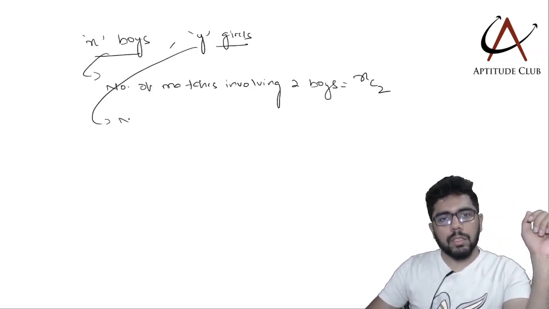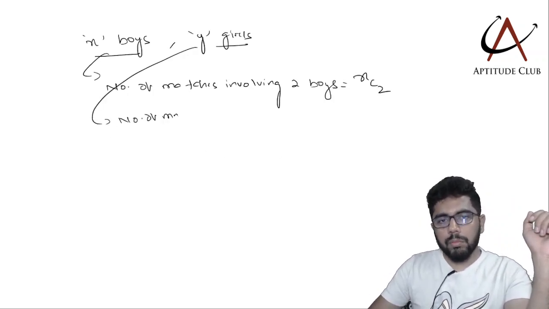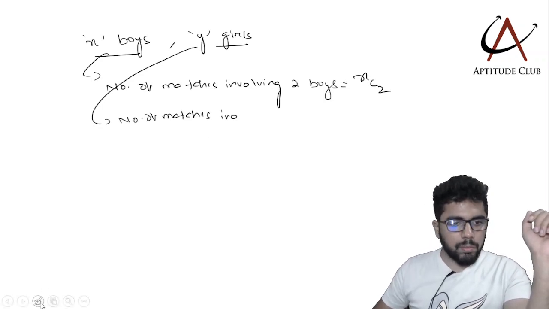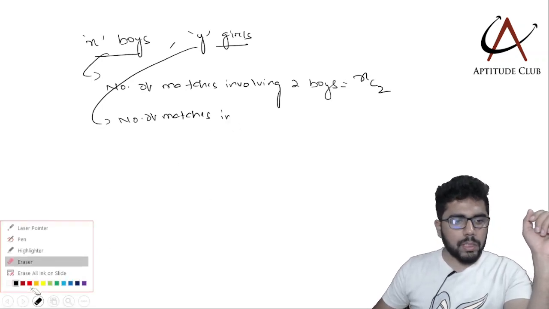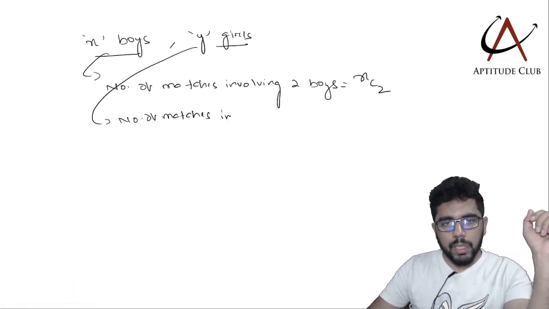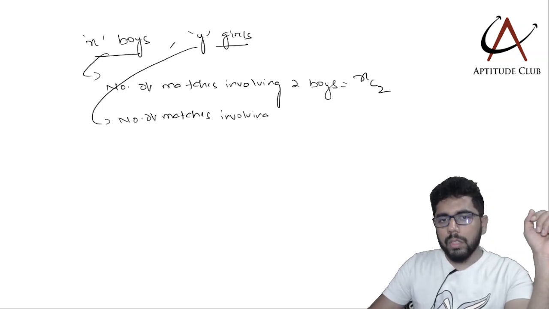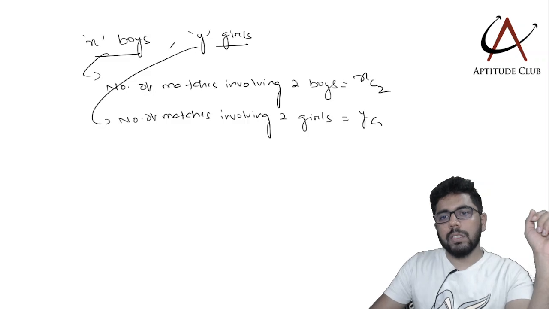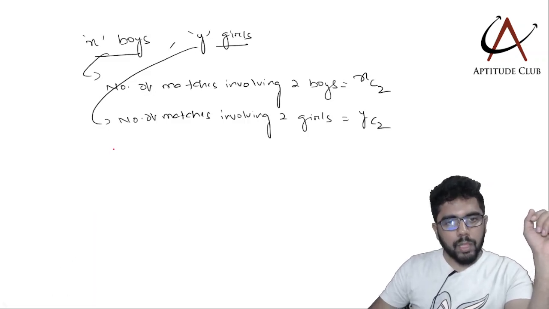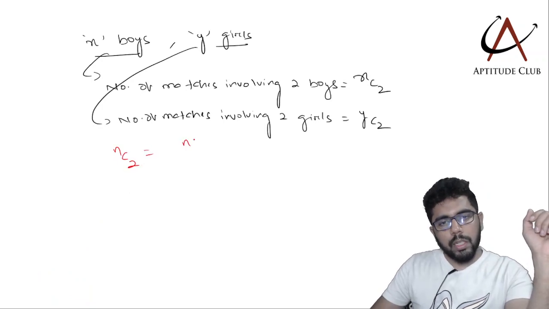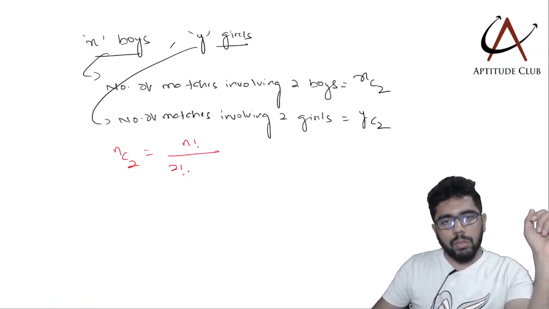Similarly, the number of matches involving two girls, where in a match both the players are girls, will become YC2. And if you solve NC2, it is N factorial by 2 factorial into N minus 2 factorial.